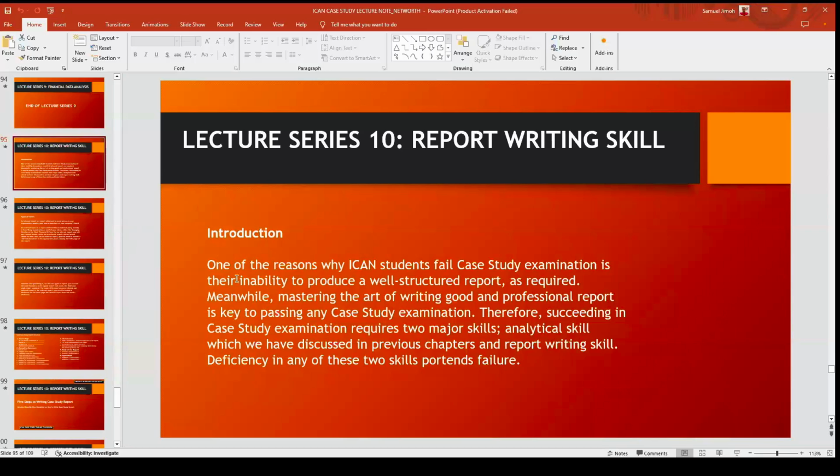Okay, so one thing about this report is we have two types of reports, right? The internal report and the external report.